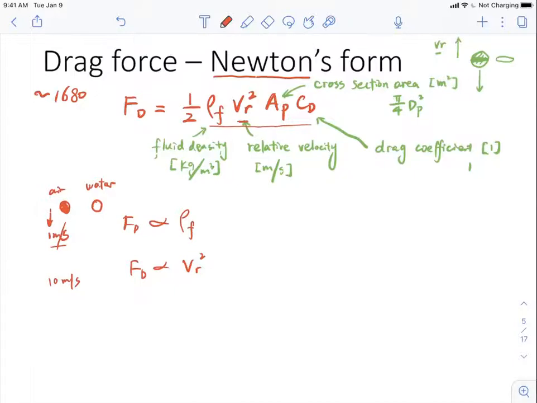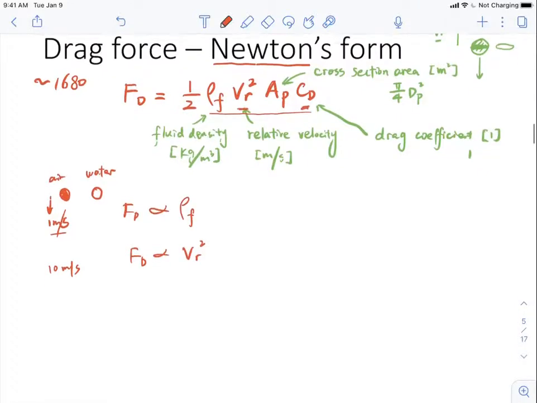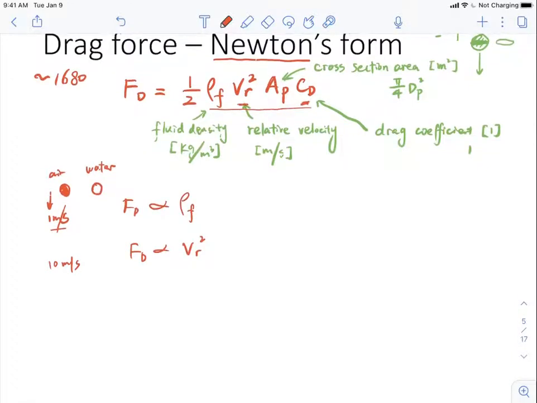But as a matter of fact, it's not squared. We can show that later on. Everything is dependent on which C_D value, which drag coefficient value we're using. And then about the A_P, the cross-section area, I'm not sure if you have done skydiving.